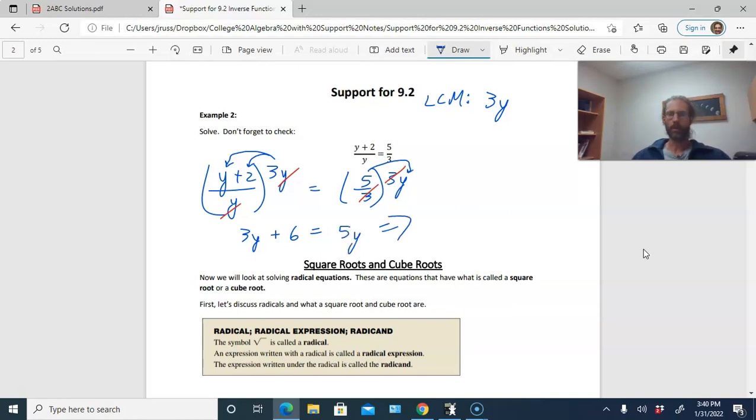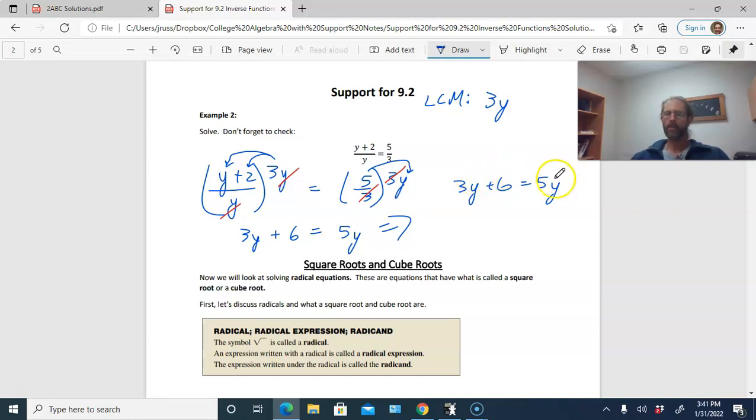I'll rewrite this one again. Now, we got rid of the fractions, so now we've got to get the y by itself. Now look here, it really doesn't matter what side of the equation you get the y on.